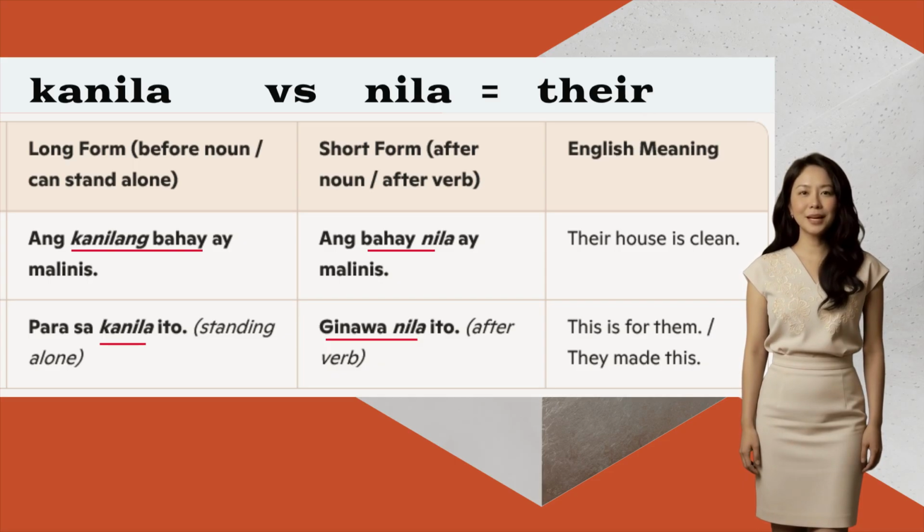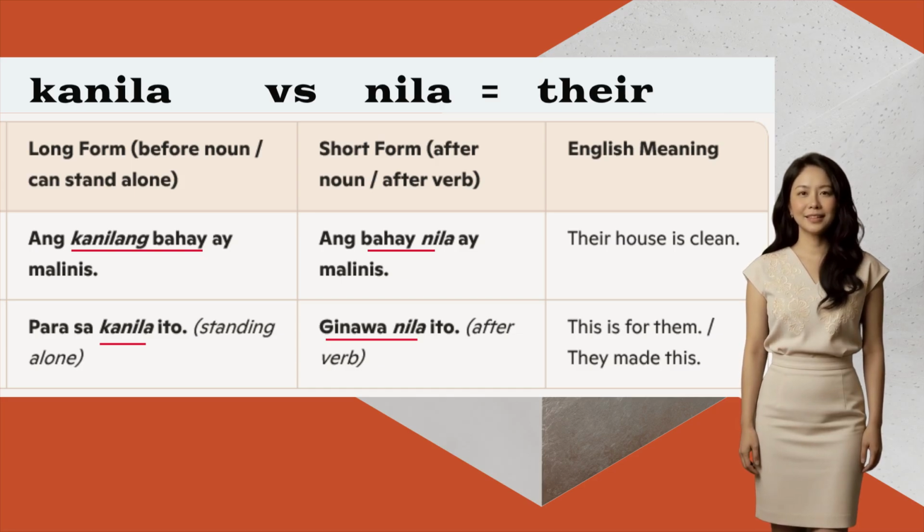Our number 2 example shows the standing alone versus after verb. For our long form, standing alone, para sa kanila ito. This is for them. For the short form, after the verb, ginawa nila ito. Ginawa is the verb and then nila the pronoun.